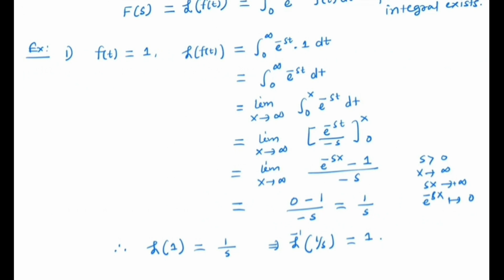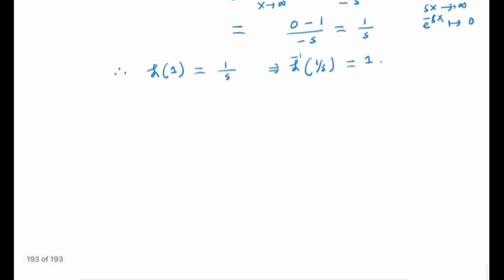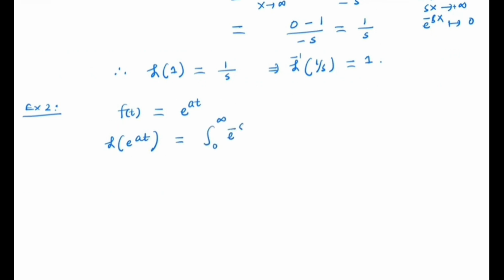Okay, now the next example, example number 2. f(t) is equal to e power at. So the Laplace transformation of e power at is the integral from 0 to infinity of e power minus st into e power at. So we can write this integral as the integral from 0 to infinity of e power minus (s minus a)t dt.